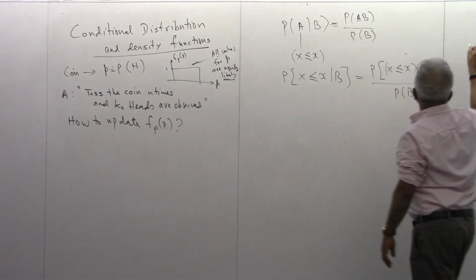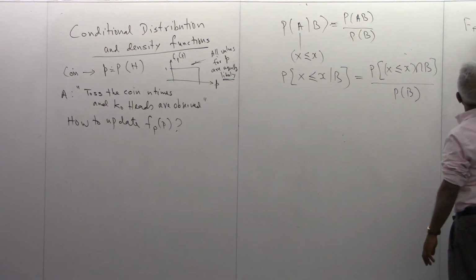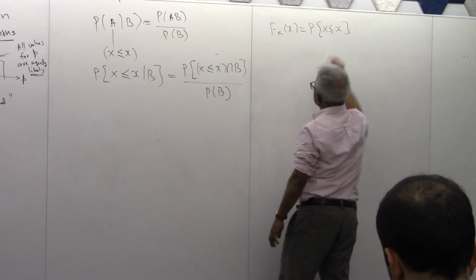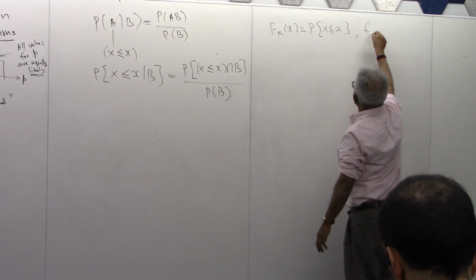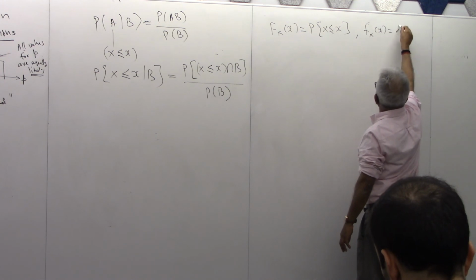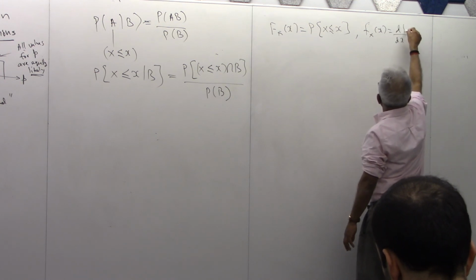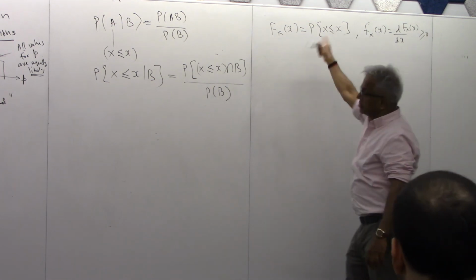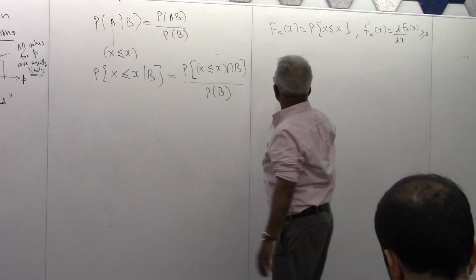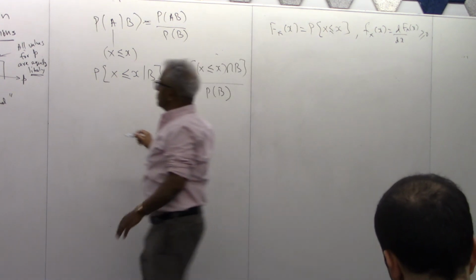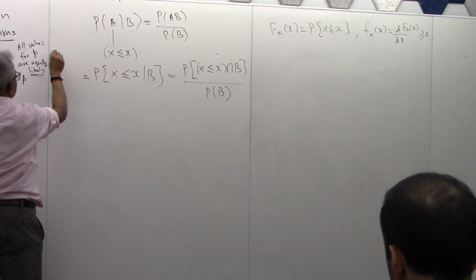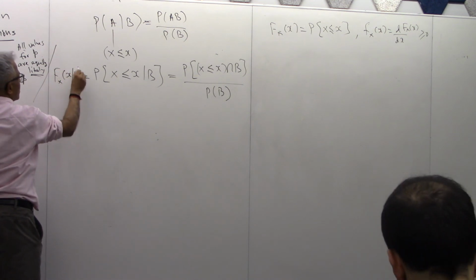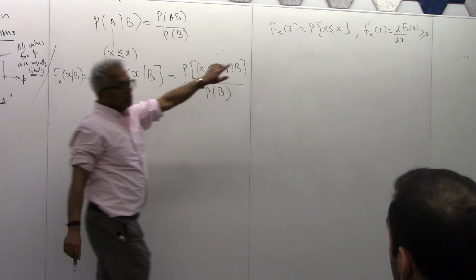But if you recall, the distribution function is of course probability of x less than or equal to x. And the density function is the derivative of that with respect to x. Both are non-negative, this is non-decreasing, etc. So using this, we could write the conditional distribution function of x given B, using this notation.